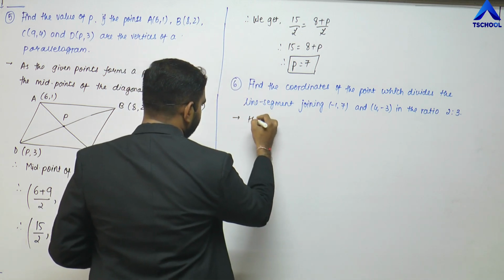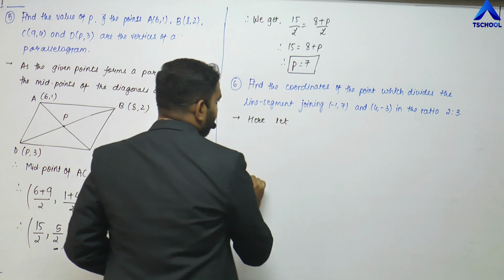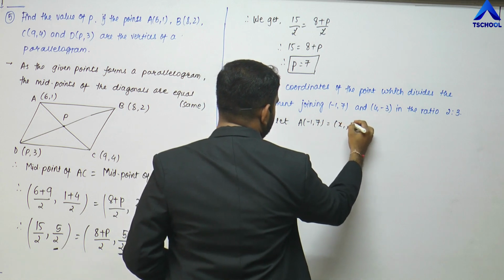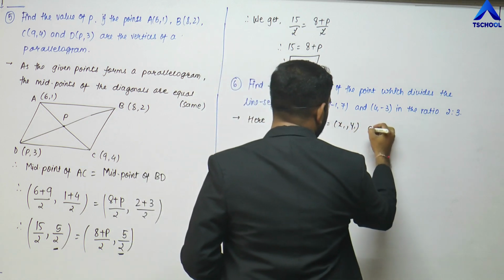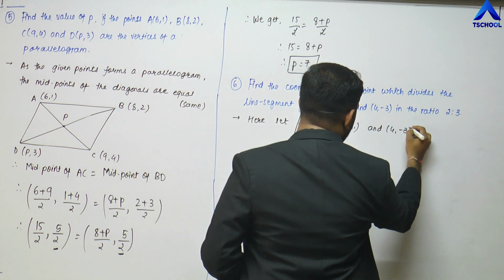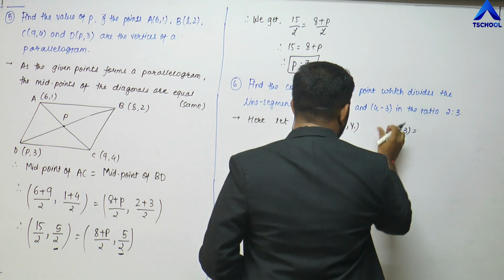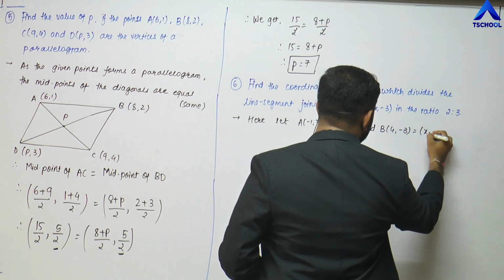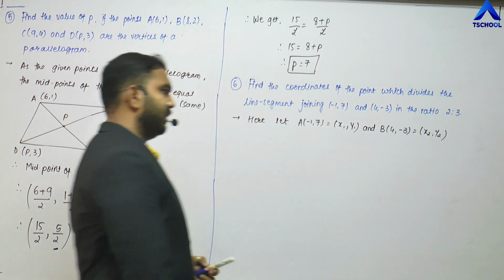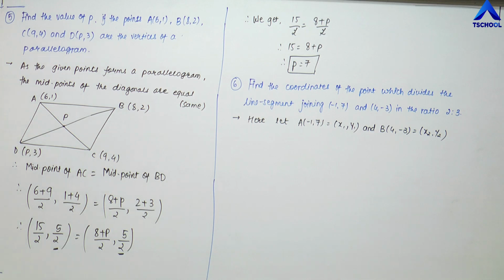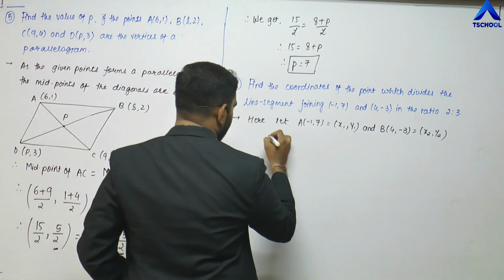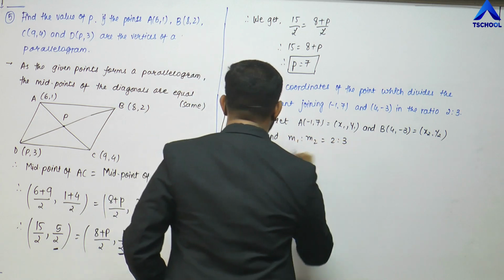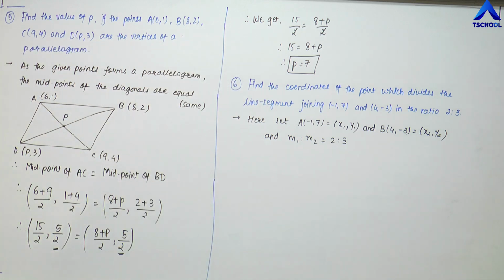Here let A (-1, 7) be (x1, y1) and B (4, -3) be (x2, y2), and the given ratio m1:m2 is 2:3.